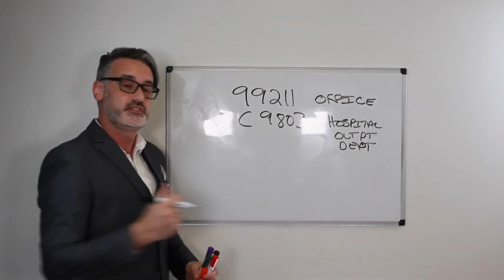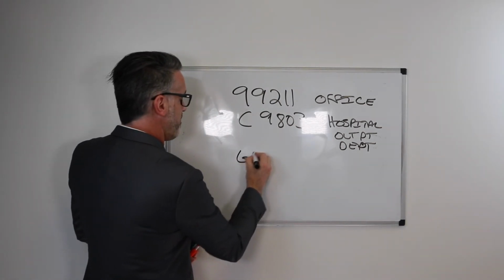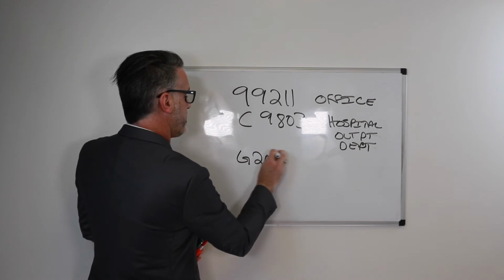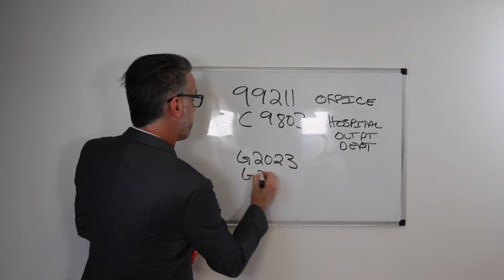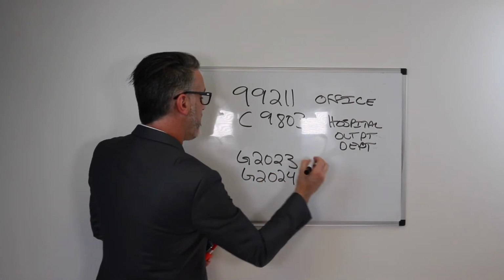Then we have 2 G codes and HIPAA for the differences in other locations where the specimen may be obtained.